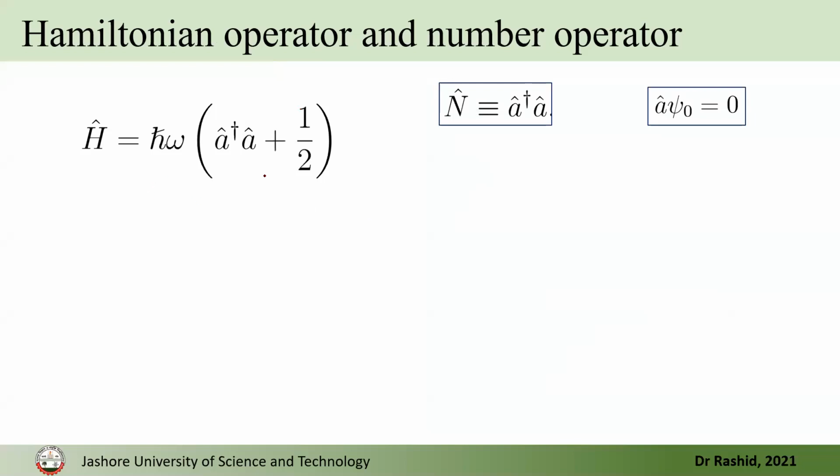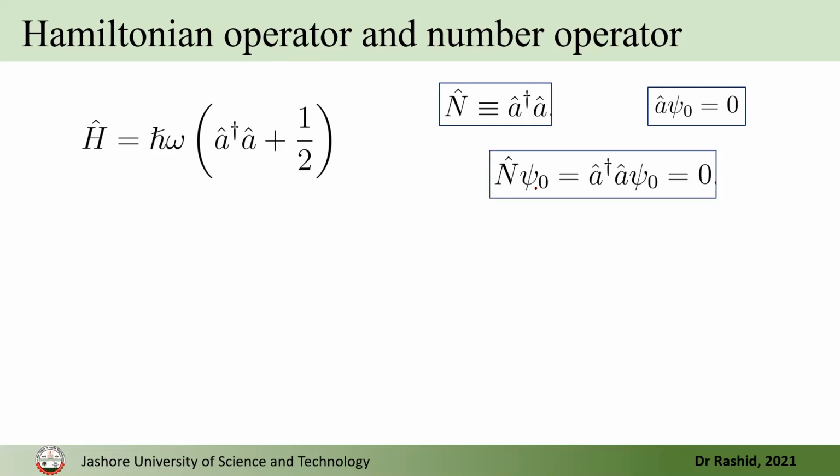Now, just as we said before, that n hat is a number operator. What do we get if n hat operates on the wave function? Because we also said that once we know the eigenvalue for n hat, we know the energy immediately. So let's see if we can get the energy this way also. We know that a psi 0 equals 0. So if n hat operates on psi 0, what will it give?